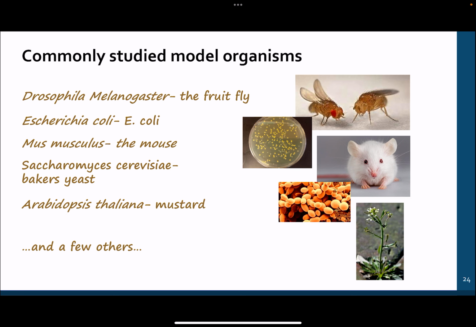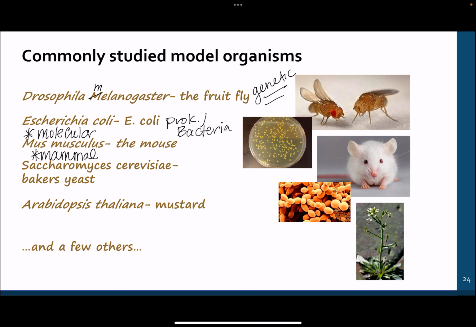E. coli is a prokaryote, it's a bacteria, and it's been used for all kinds of things, but most notably for us, there's been a lot of molecular studies as far as gene expression and understanding how we take the information from DNA and get it out. The mouse is a mammal, which makes it really important for human studies, especially as it relates to diseases and heredity and things like that.